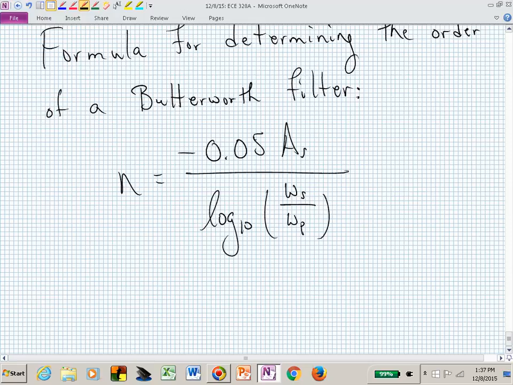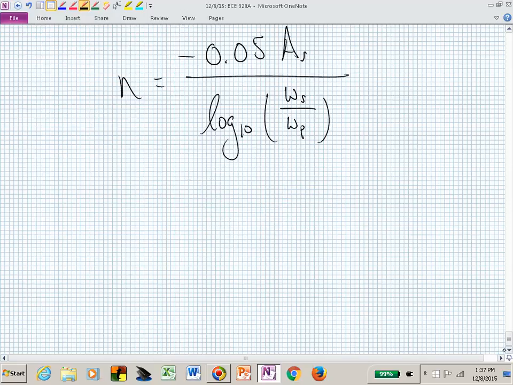And since we are dealing with a ratio of frequencies, if both are in hertz, that's okay. If they're both in radians, that's okay, but they can't be a mixture. The question was, what are these omega sub S and omega C?